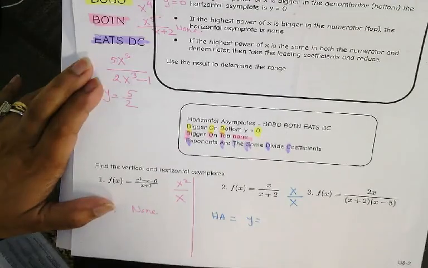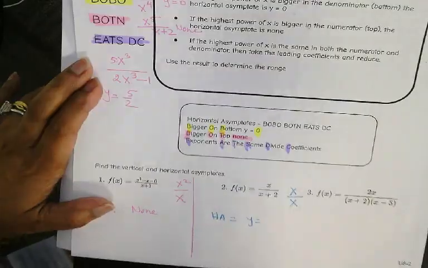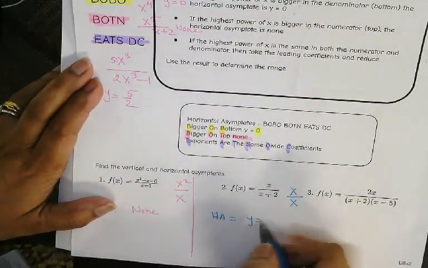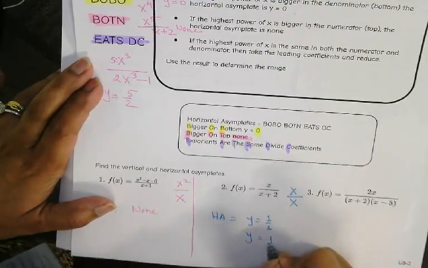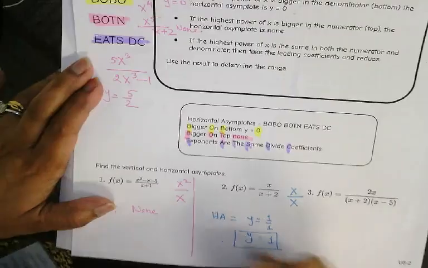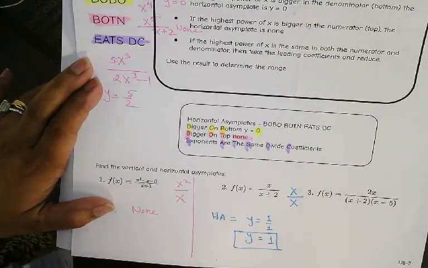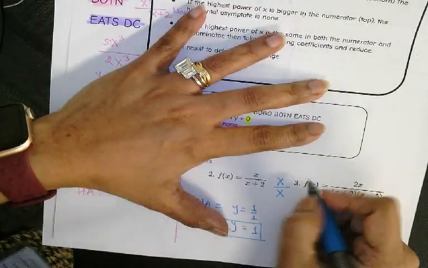Y equals? 1 over 1. I need the coefficient. Whatever the coefficient is over here, I'm going to take that one. So 1 over 1. So it's going to be y equal to 1. Question? Confusion? We good? Give me a thumbs up. Perfect.